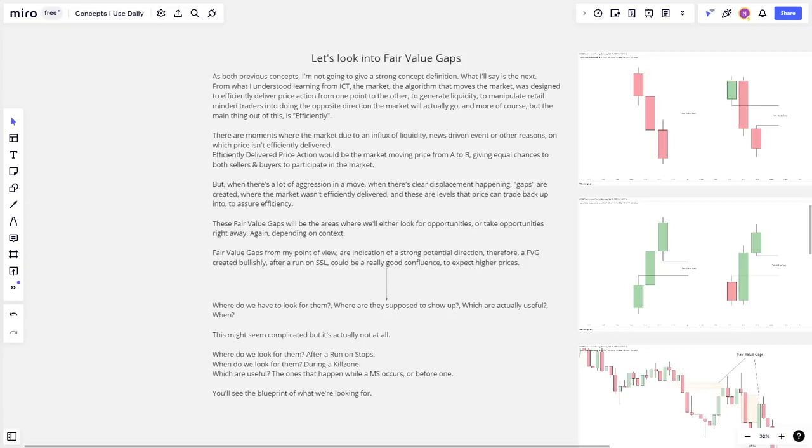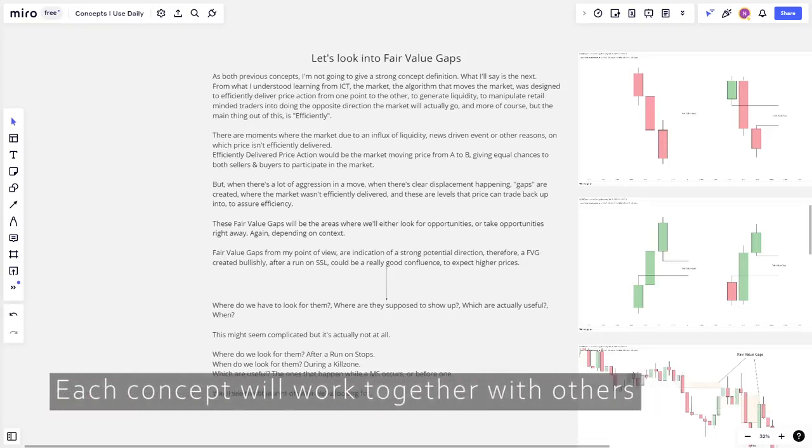But when there's a lot of aggression in a move, when there's clear displacement happening, gaps are created where the market wasn't efficiently delivered. And these are levels that price can trade back up into to assure that efficiency. So these fair value gaps will be the areas where we'll either look for opportunities or actually take the opportunities right away, again, depending on the context.